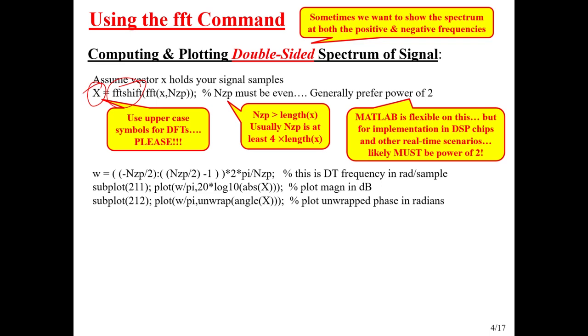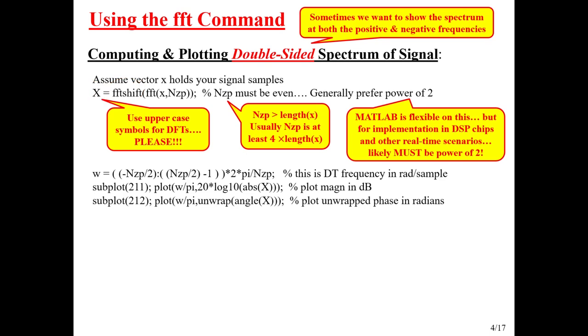Therefore it ends just shy of pi, because remember, minus pi and pi are the same frequency and they don't both show up. So we are interpreting that frequency as minus pi rather than pi. That just comes from how MATLAB does the FFT shift.